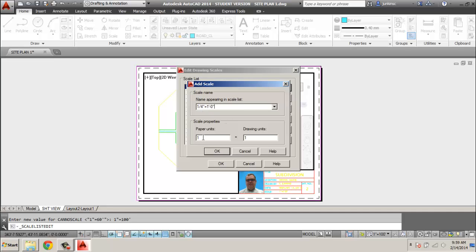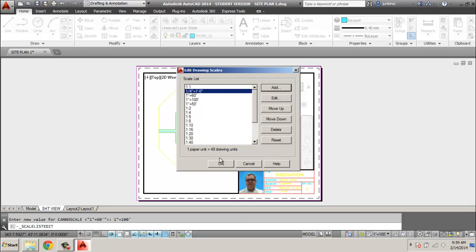So 1 paper unit, 1 inch on paper, is how many drawing units? Well, we have to ask ourselves, how many 1/4 inches are there in a foot? 48. 1 to 48 is our ratio. Now I've got that in there, I can hit OK.